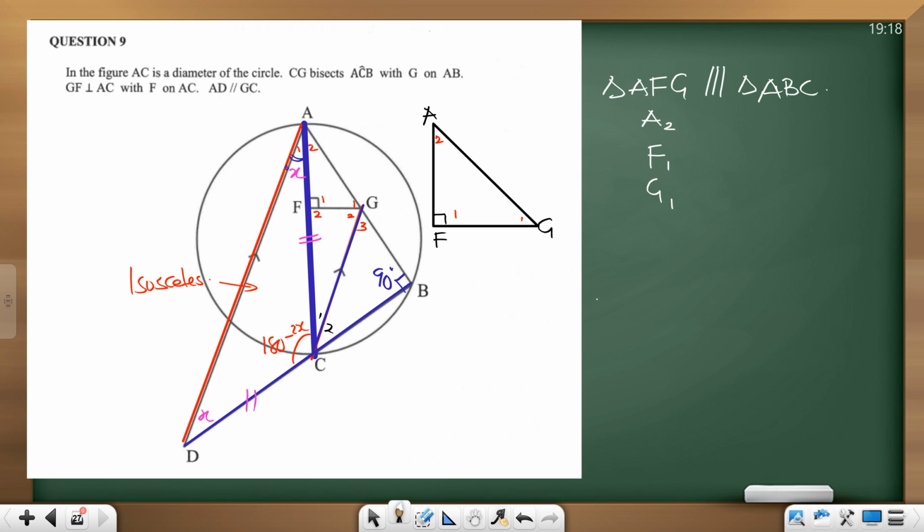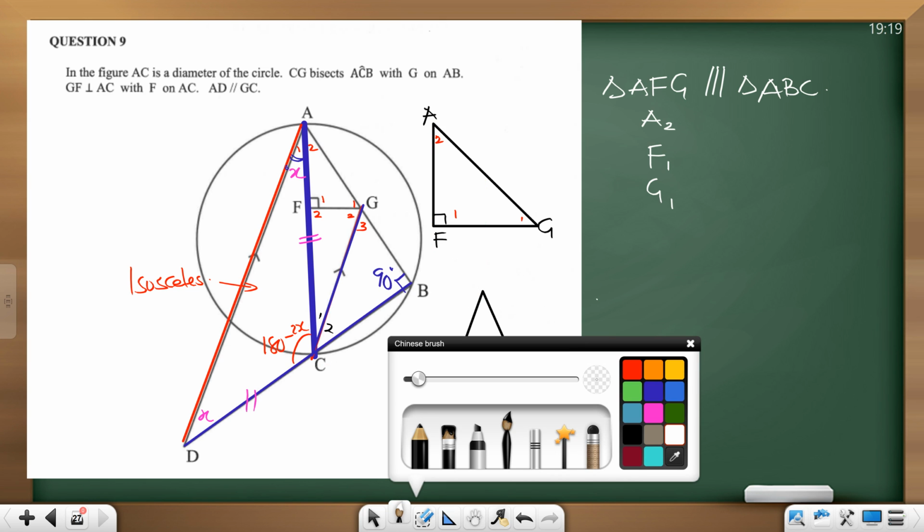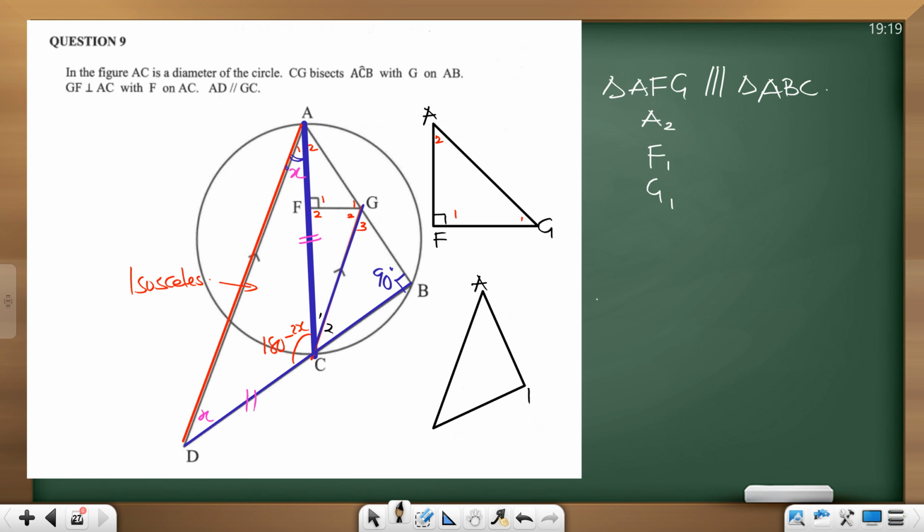A, B, and what? C. I don't know if you see another right angle triangle. How does it look? Yep, like that. A, B, and what? C. You see that? What A is this?